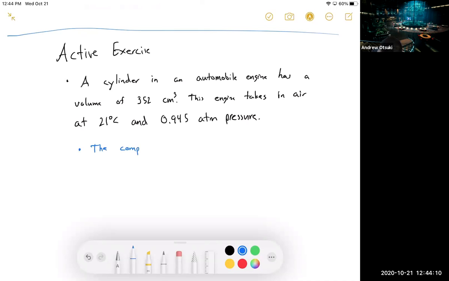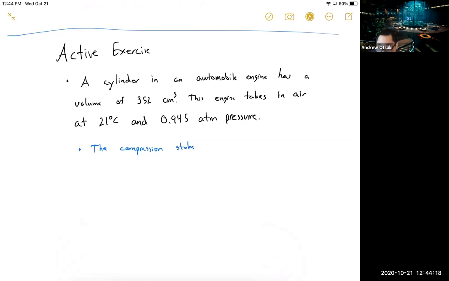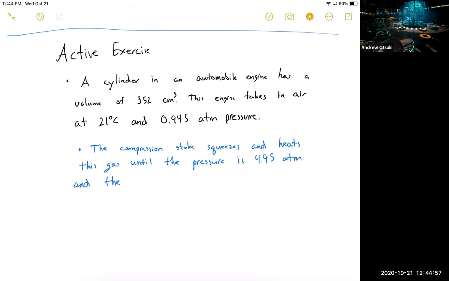the compression stroke squeezes and heats this gas until the pressure is 4.95 ATMs and the temperature is 95 degrees Celsius.